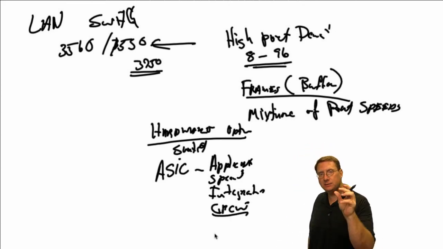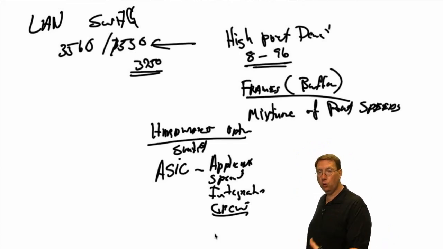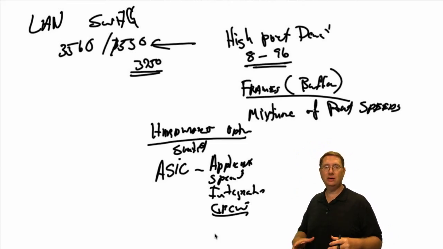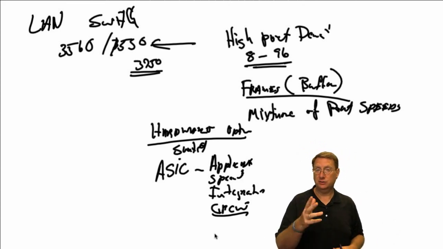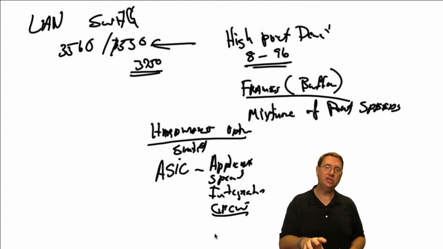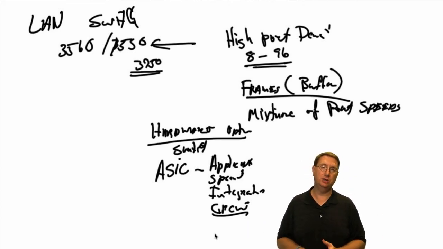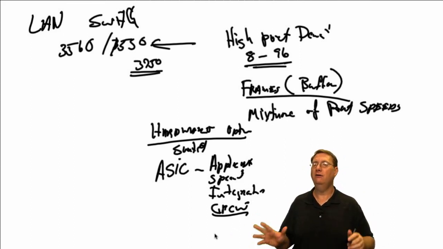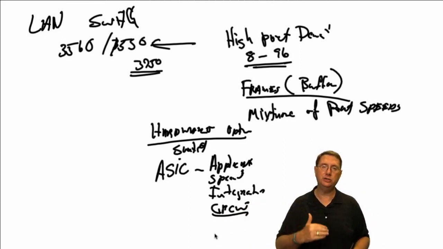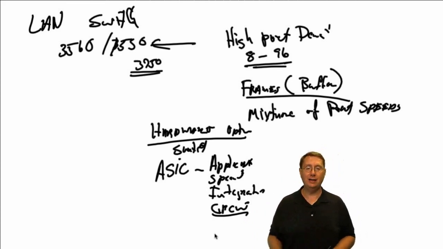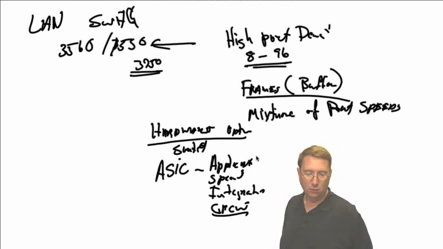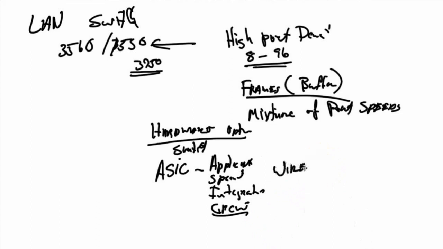Now, ASICs are basically small mini computers that are associated to the ports or groups of ports on our devices that allow us to take functionality, like switching, and offload it from the CPU of the chassis, such that the ASIC can step in and take care of all of those responsibilities and move information around and act as the go-between for all transactions between hosts and the switches, between switches and other switches, or even switches and routers. So that allows our devices to work at wire speed. So if I had a pure 1 gig switch, that means every port could function at 1 gig.